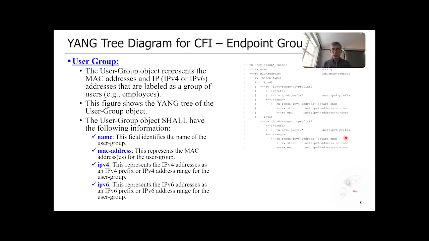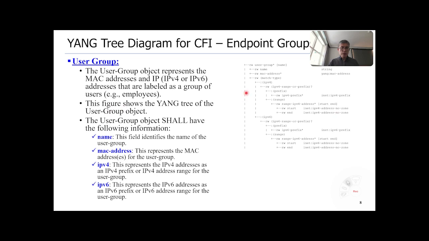On the right-hand side, we have a user group with name, MAC address, and IP version 4 or version 6 address. Eventually, the username is translated into IP ranges or prefix, or subnet, also IP version 6 the same, or MAC address. So the user group object represents the MAC addresses and the IP version 4 or version 6 addresses that are labeled as a group of users, such as employees in a company.